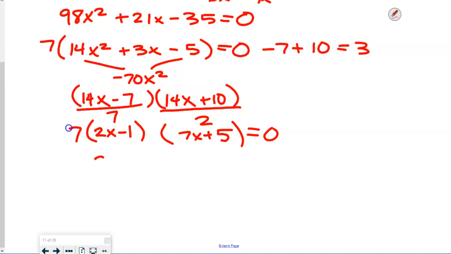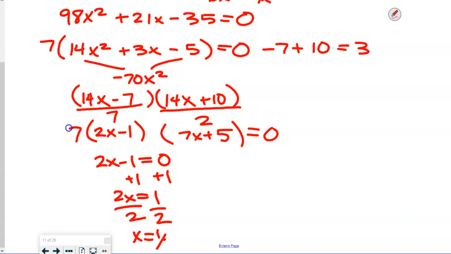So we're going to do 2x minus 1 equals 0, add 1 to both sides. So we get 2x equals 1, divide both sides by 2. So x equals 1/2, that's one of our factors. And then over here, 7x plus 5 equals 0. I'm going to subtract 5 from both sides.